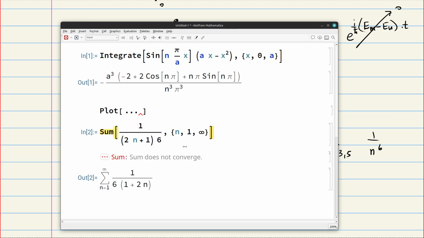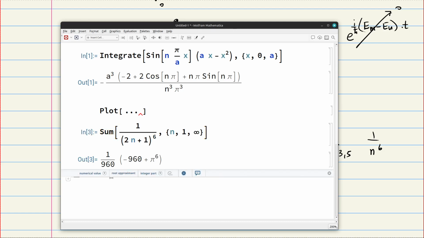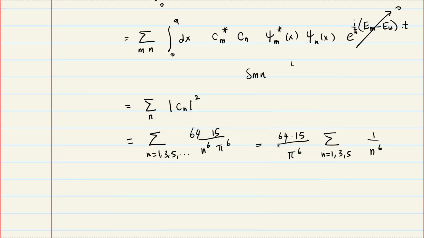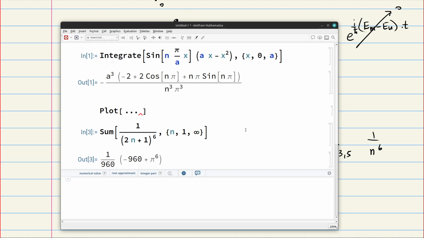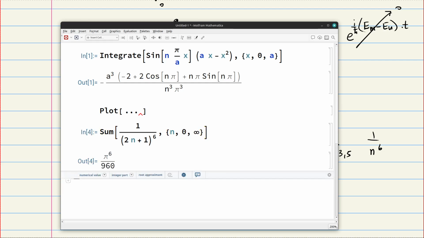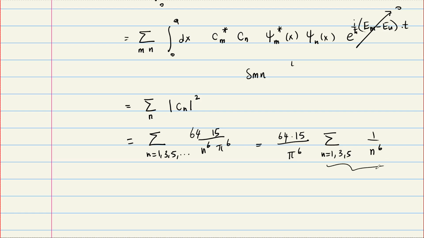So this is power six. Oh, I think I need to start from 0 because the first term is 1. And to make this, I need to sum from 0. And this is the pi to the 6 version. So this is pi to the 6 divided by 960.